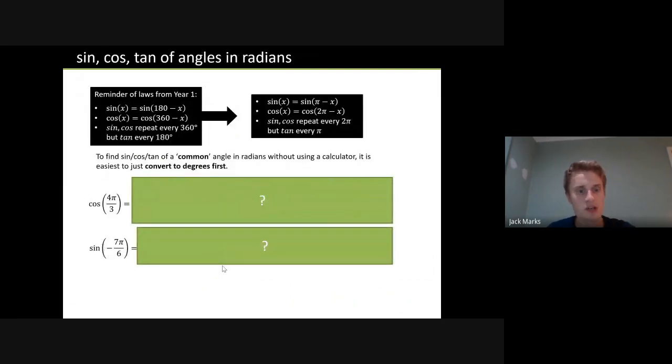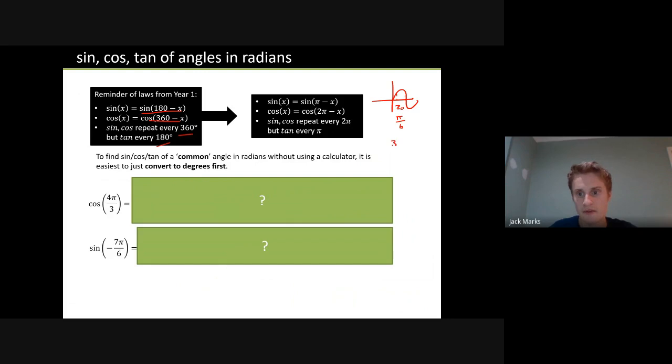Okay, what else changes? Well, everything that you learned about rules of symmetry for sine and cosine, and repetitions for sine, cos, and tan, they all have radian equivalents. So for sine, you might remember that you could do 30 or 150 to get the same output. Well, 30 is the same as pi over 6.